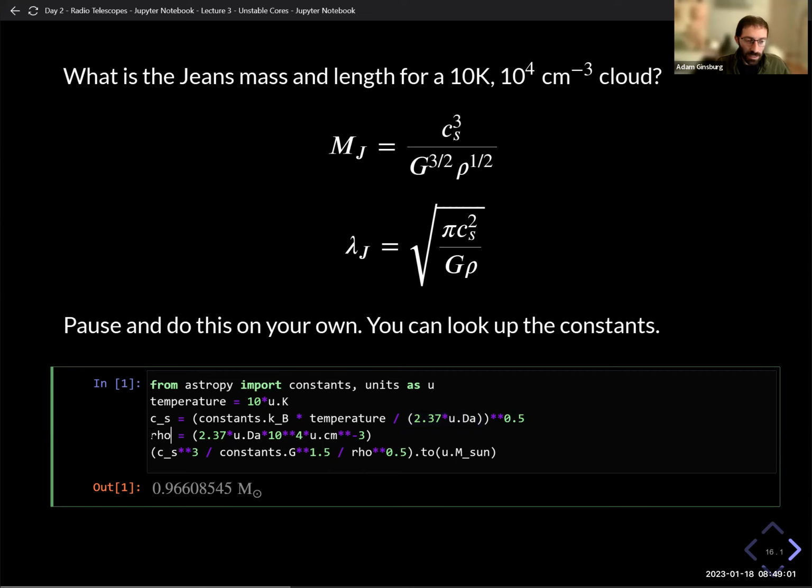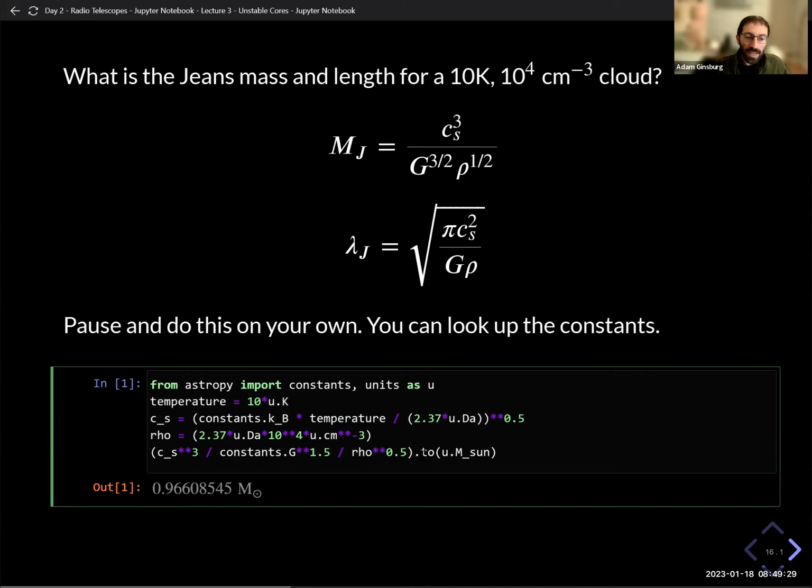I define the density to be 2.37 Daltons times 10 to the 4 per centimeter cubed. So it's 10 to the 4 particles per cubic centimeter, but then I'm multiplying by the mass per particle. And then the Jeans mass is just c_s cubed divided by G to the 3/2 power divided by rho to the 1/2 power.